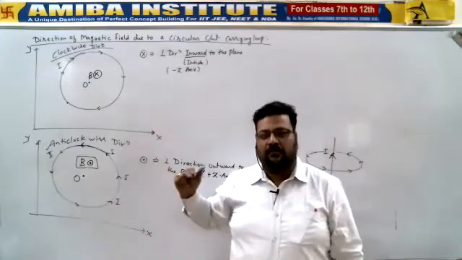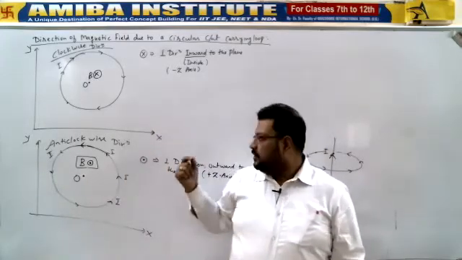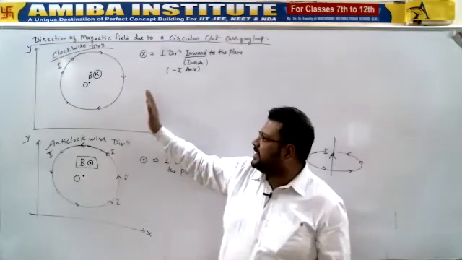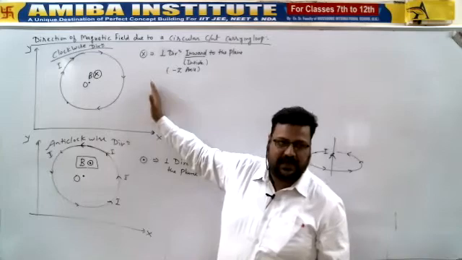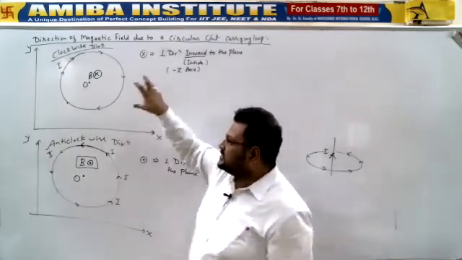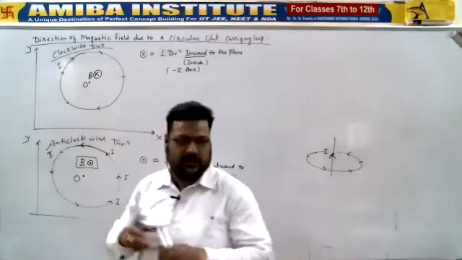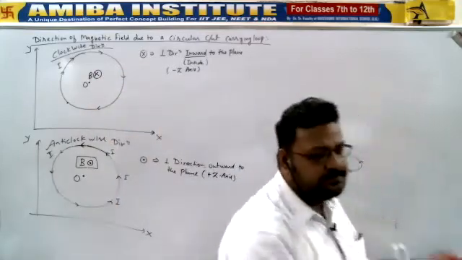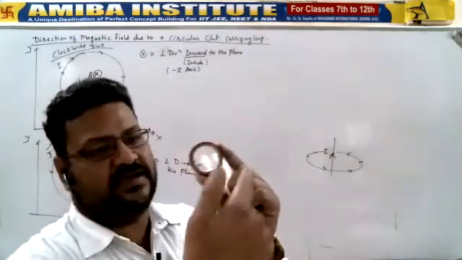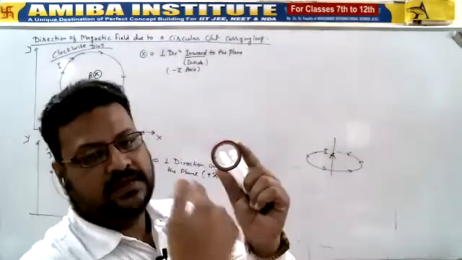Now, how will we say which one tells you the direction of magnetic field as well as the pole? Means if you are looking at this loop, then which portion of this loop? For example, if I say this is the loop, current is flowing in such a way, in which direction?